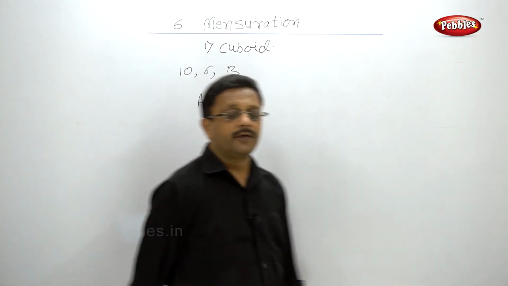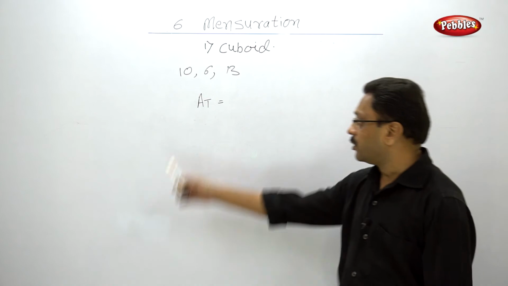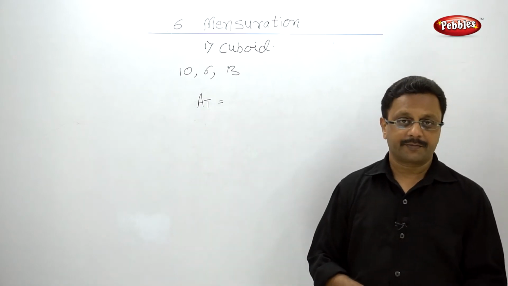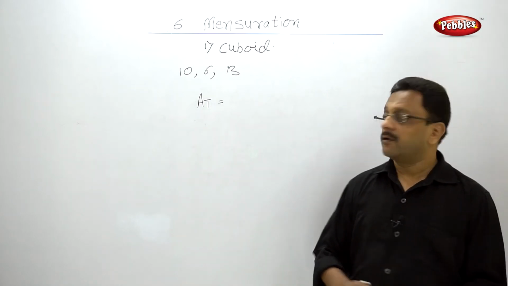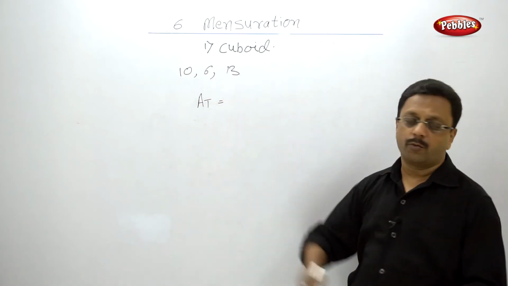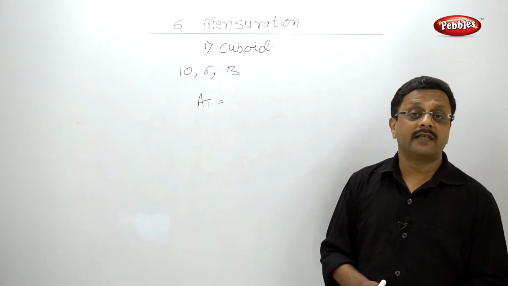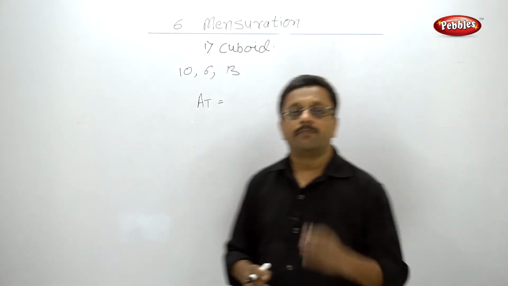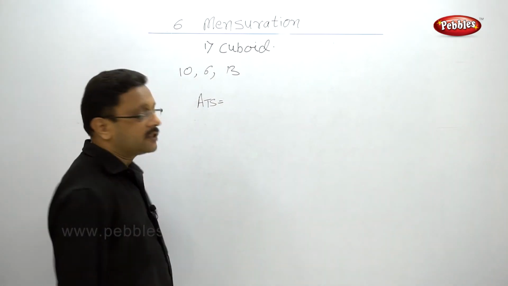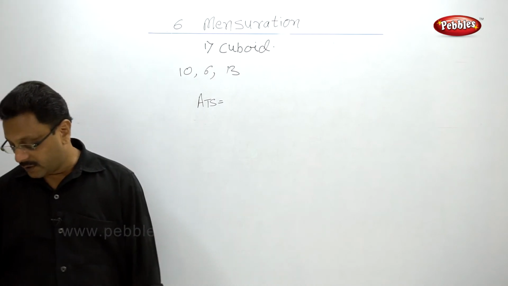Just pause your video here. You know the formula for the total surface area. Calculate the total surface area for this cuboid whose length, breadth and height are given in centimeters. Please pause your video. The total surface area in this case is 536.